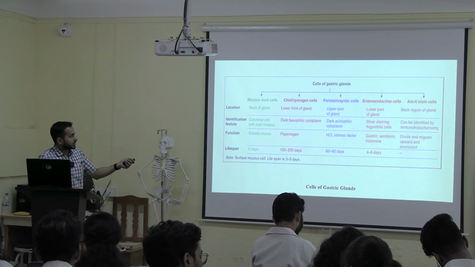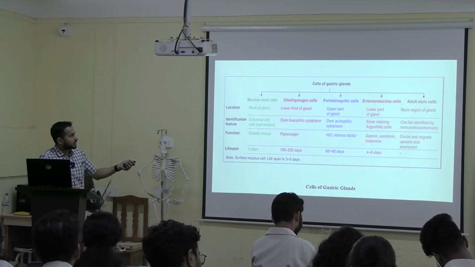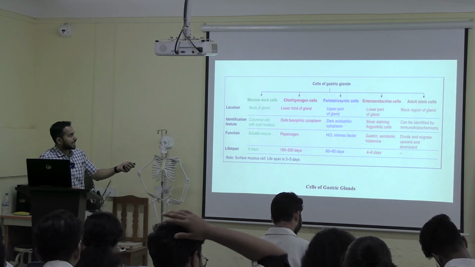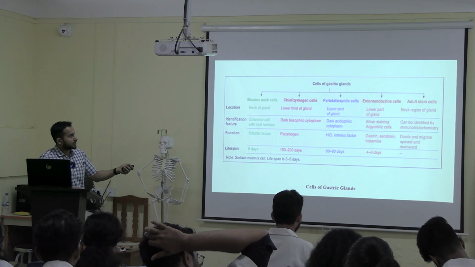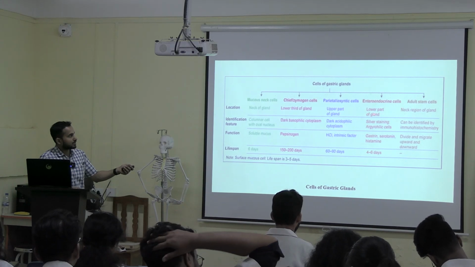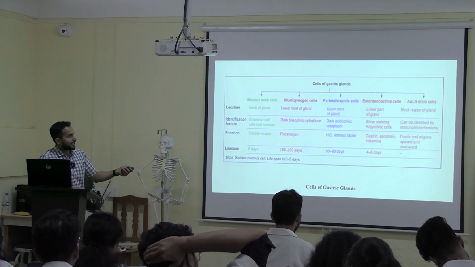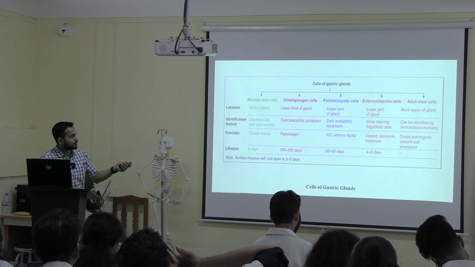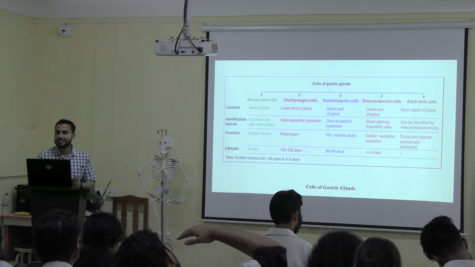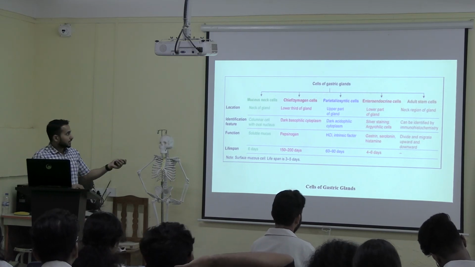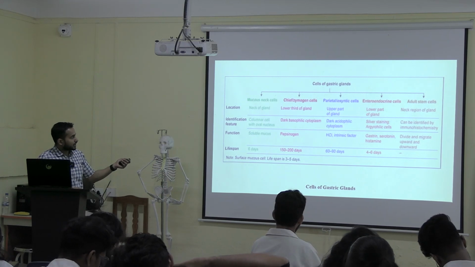Next, the chief cell is present in the lower third of the gland. The parietal cell is present in the upper part of the gland. The enteroendocrine cell is again in the lower part of the gland, and the stem cell at the neck region of the gland. These are the different regions where these cells are present. Now, what is the important function?